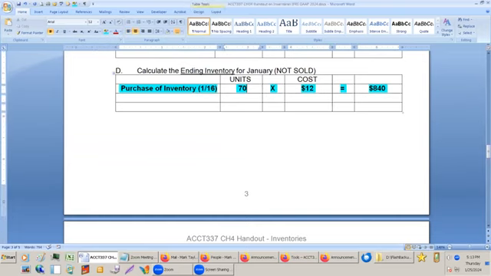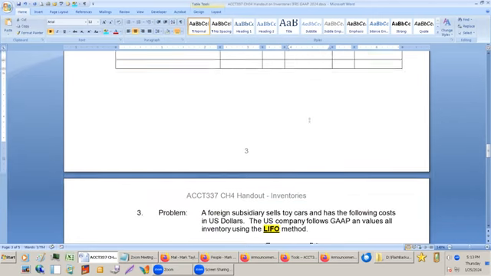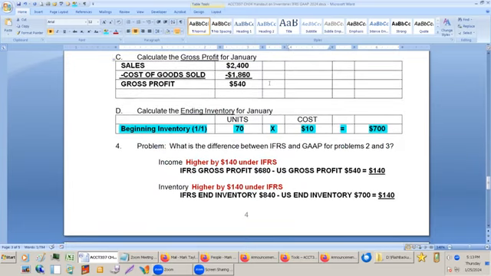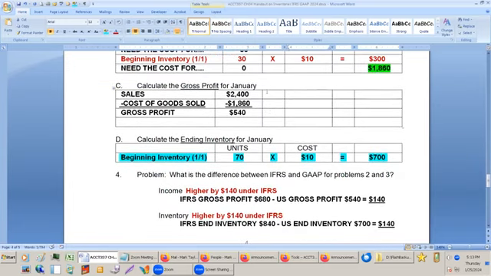So their ending inventory will actually be more accurate. These have the more current dollar amounts in it. So it's basically the difference between LIFO and FIFO is the difference between the income statement and the balance sheet. LIFO theoretically gives a more accurate income statement. FIFO gives a more accurate balance sheet. And FIFO is more accurately the way things flow.